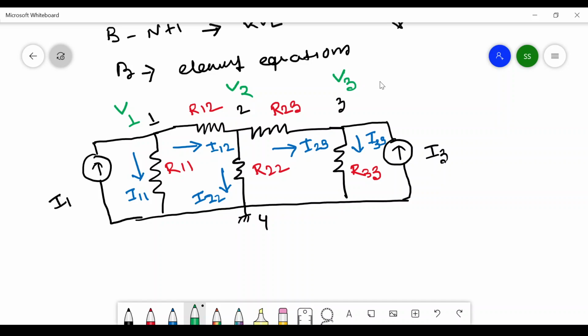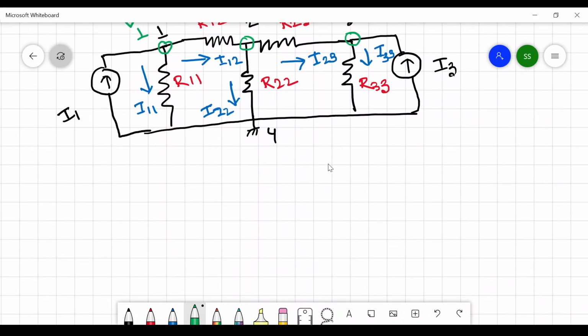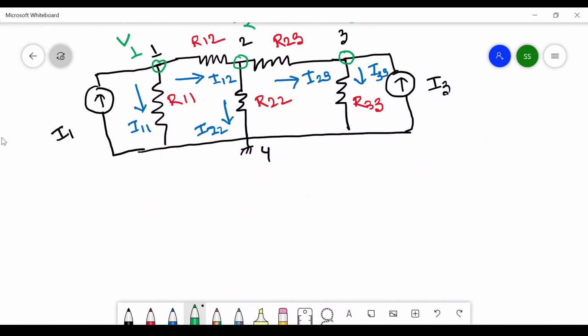Now if I set up the KCL equation at different nodes, this node, this node, and this node, then what will we get at node 1?